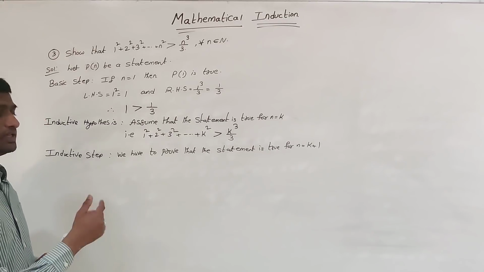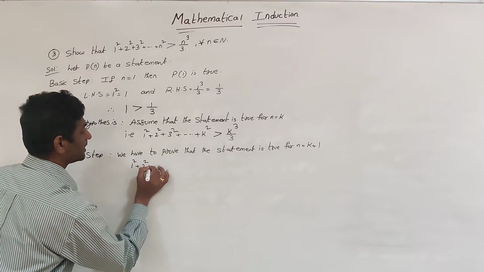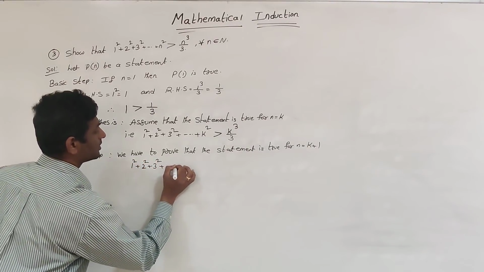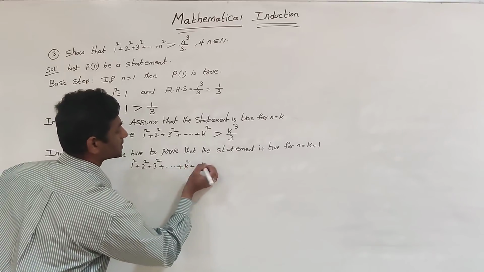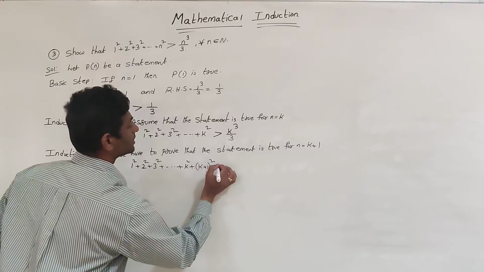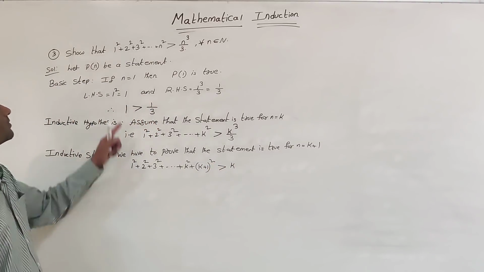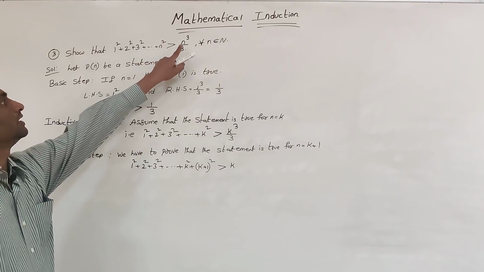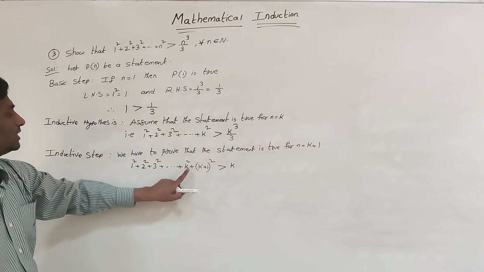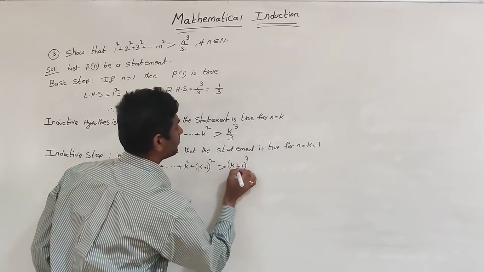Otherwise, what is to be proved? 1 square plus 2 square plus 3 square plus so on plus k square plus, what is the next term, k plus 1 whole square, should be greater than what? As n square, it is n cube by 3. So here it should be k plus 1 whole cube by 3.